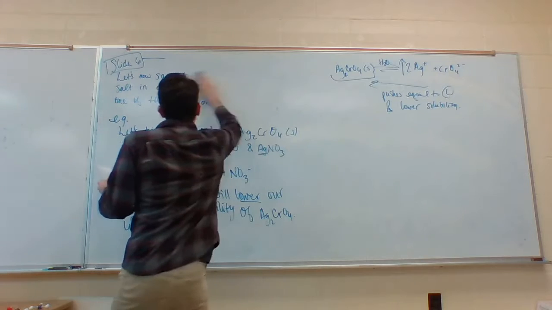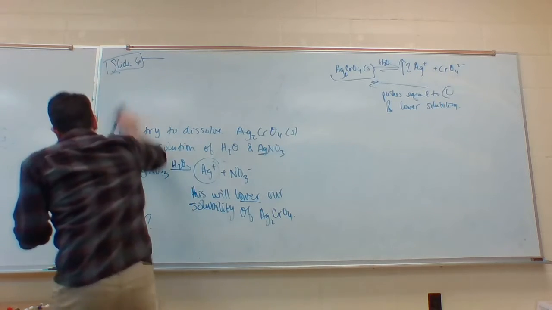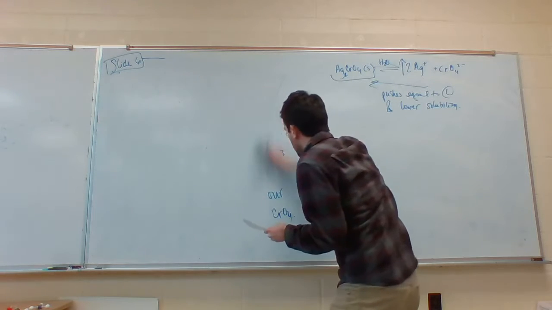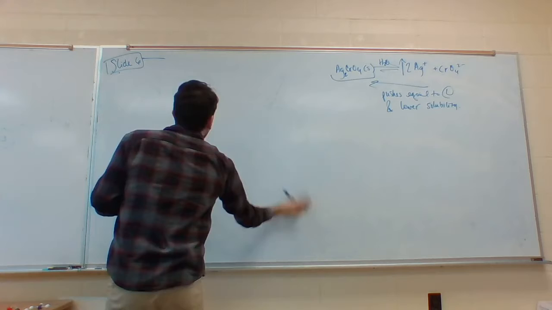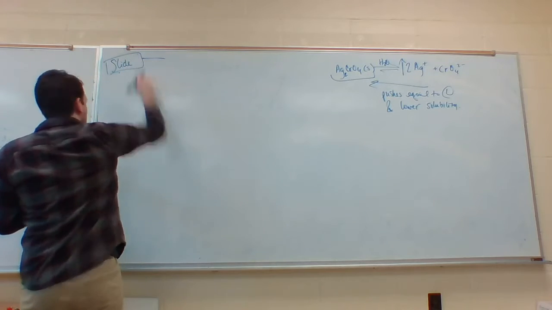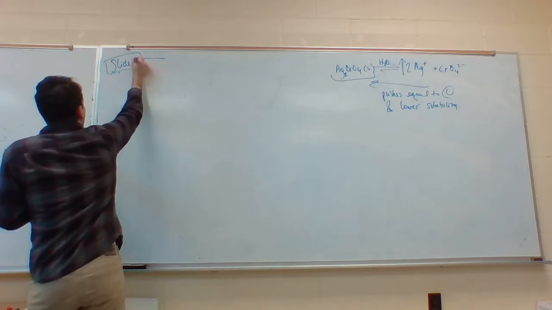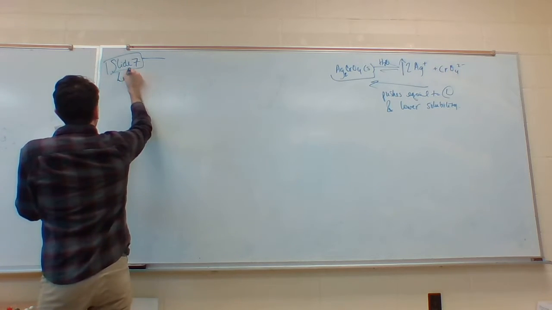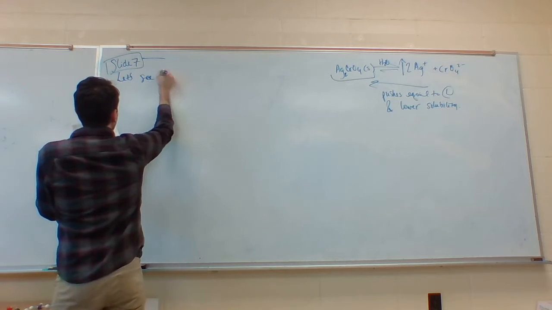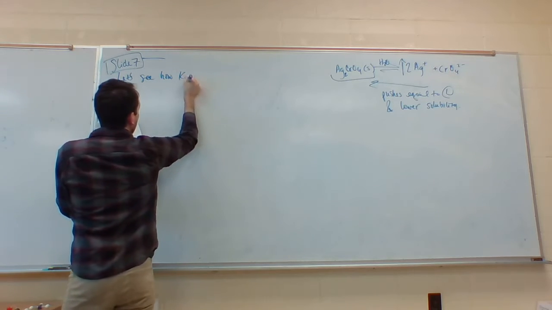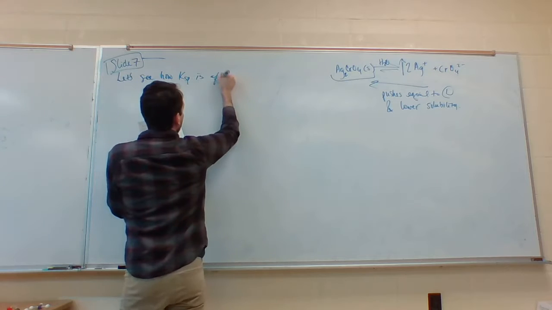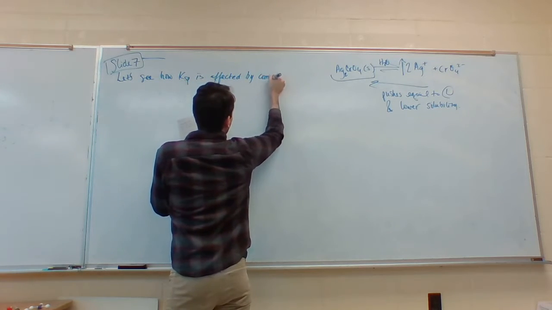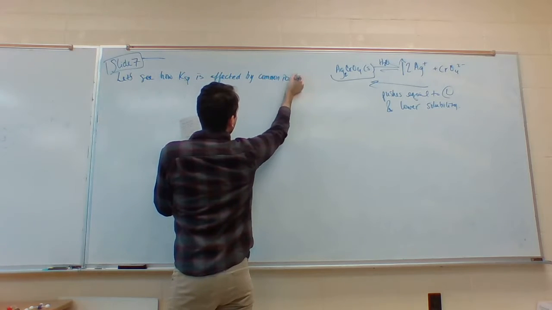So let's see how this affects our KSP, or our solubility product constant, because that's going to be dictating our equilibrium. So on slide 7 now, let's see how KSP is affected by those common ions.